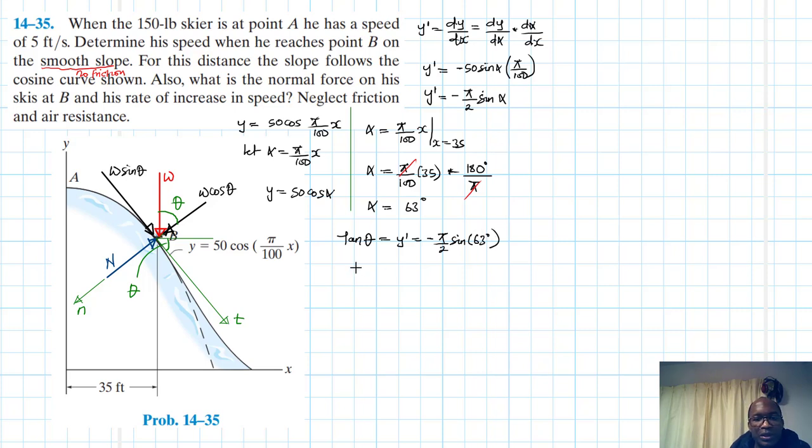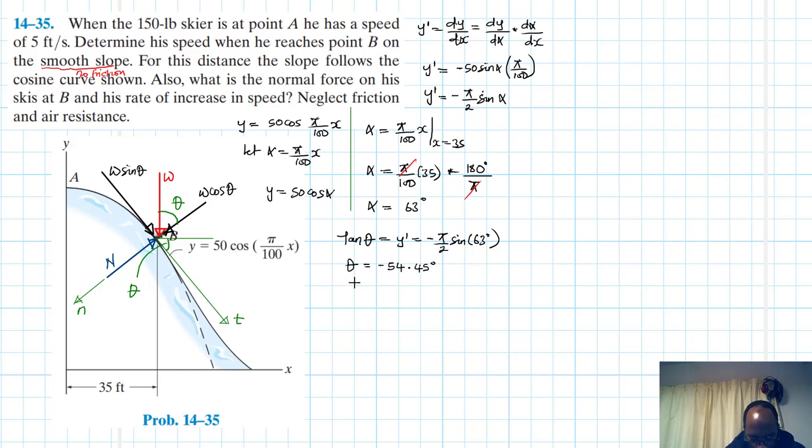Remember this equation. Making theta the subject, we have minus pi divided by 2 times sine 63, then tan inverse of that, and we get minus 54.45 degrees.